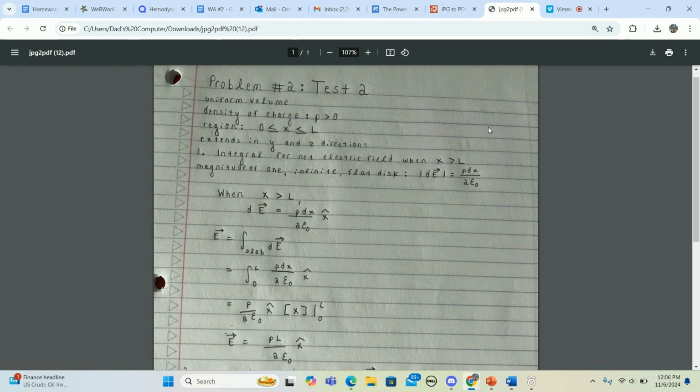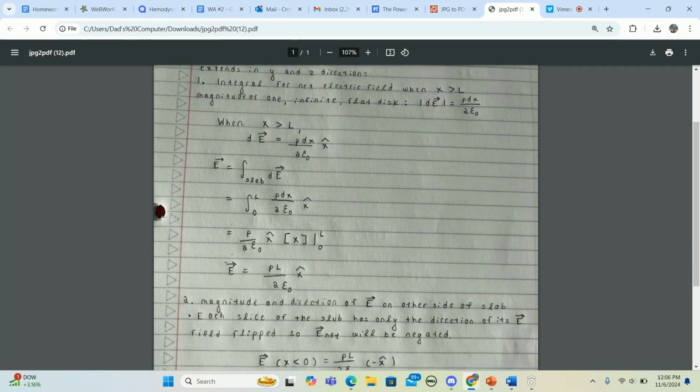We're trying to write down and evaluate the integral for the net electric field when x is greater than L, and they give us the magnitude of the electric field produced by a single infinite flat disk. So where do we start with this?